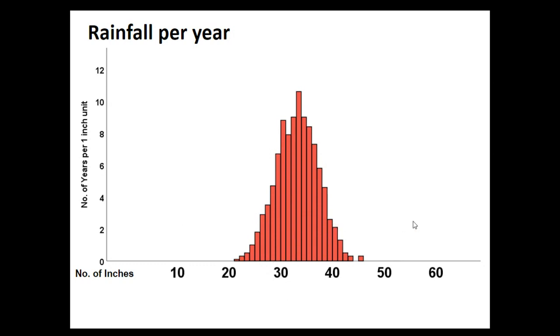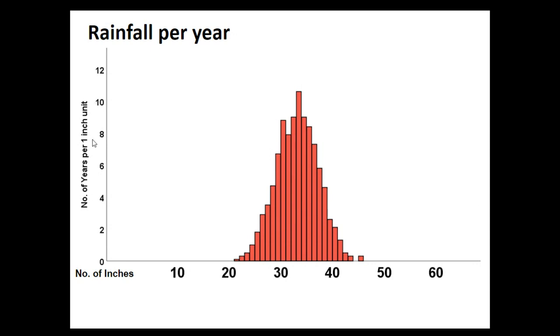Now, here's another question for you. Is this histogram a frequency histogram or a density histogram? You come up with your answer, and then I'll tell you what the correct answer is. Okay, so this is a frequency histogram. And we know that because over here on the y-axis, it says that the y-axis measures the number of years per 1-inch unit.